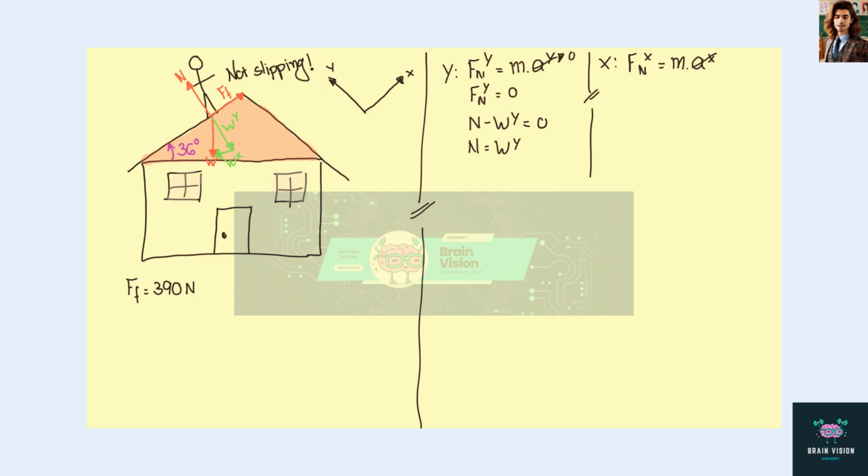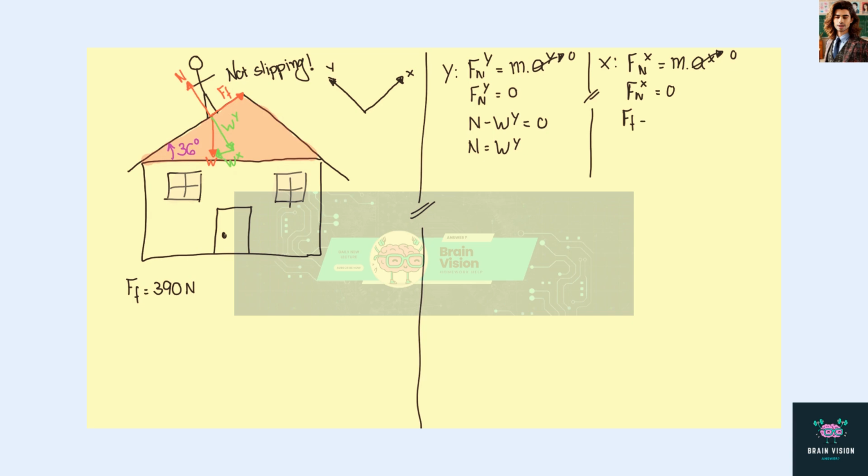Then, the acceleration in the x direction is equal to 0. So the net force in the x direction is equal to 0. But the net force in the x direction has two components too. One of them is the frictional force, which is pointing in the positive direction of the x-axis. And the other component is the x component of the weight force, which is pointing in the negative direction of the x-axis.